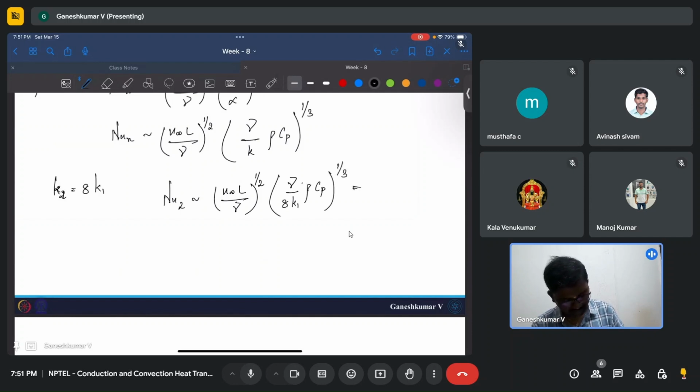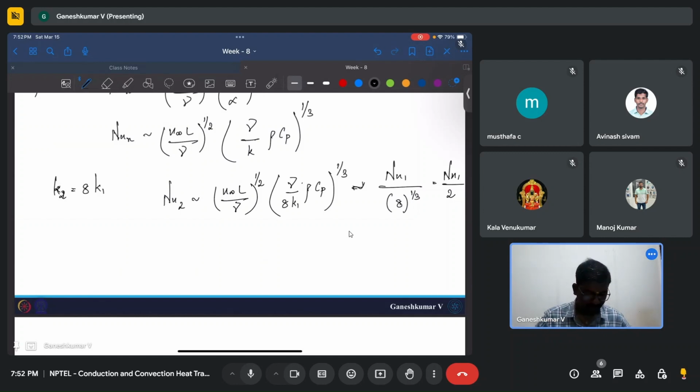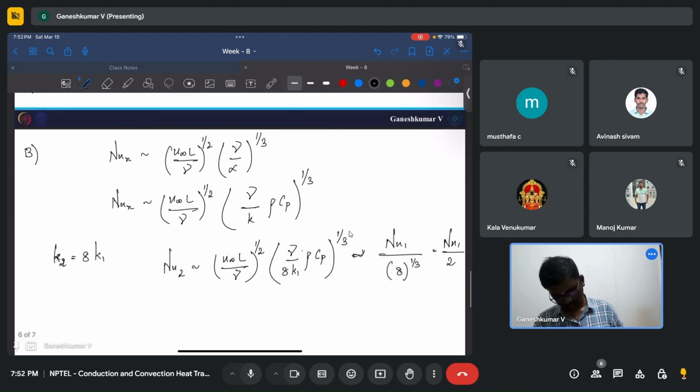So this is nothing but Nu1 divided by 8 power 1 by 3. This is nothing but Nu1 by 2. Okay. So which means when you increase the thermal conductivity by 8 times, your Nusselt number reduces by half. All right.